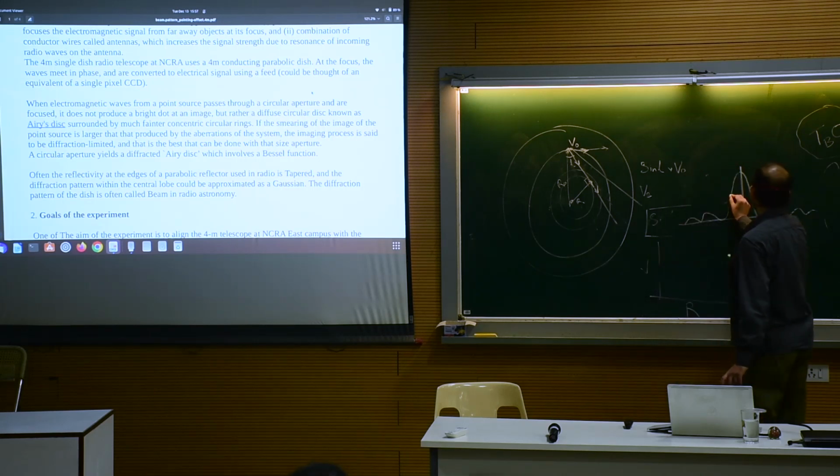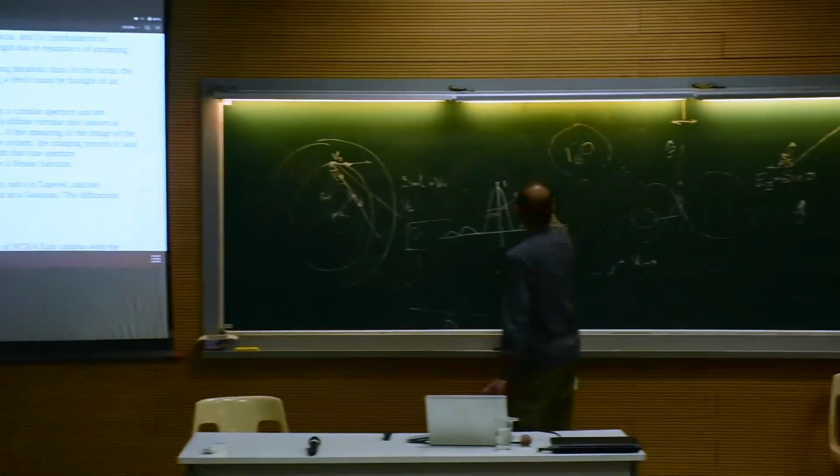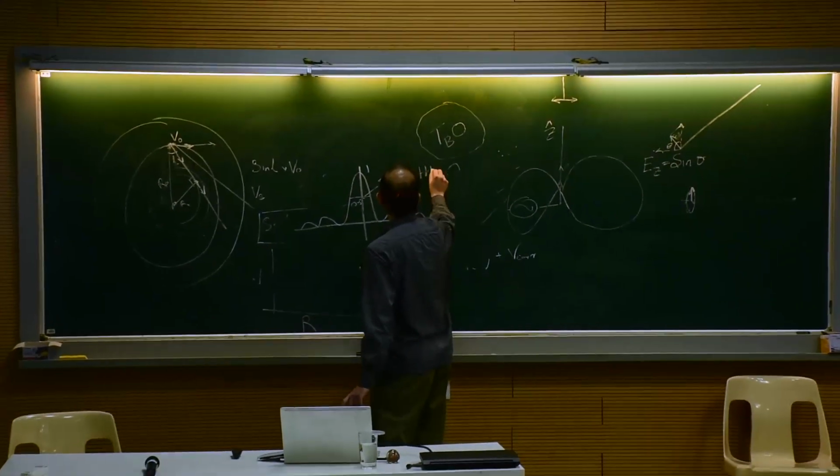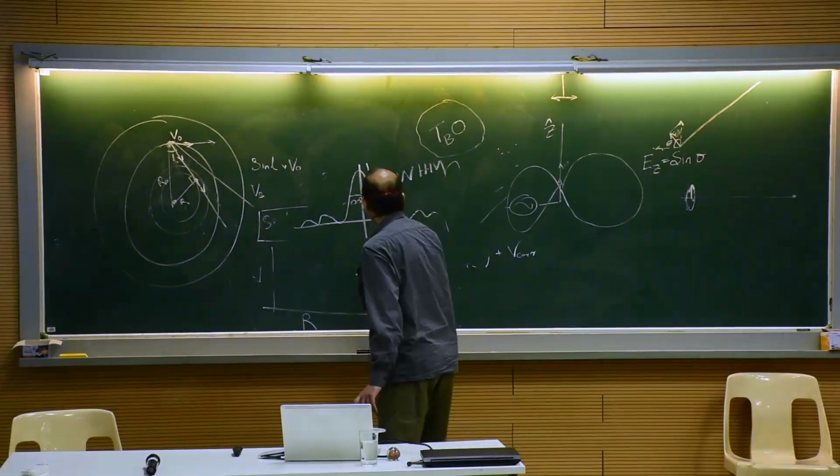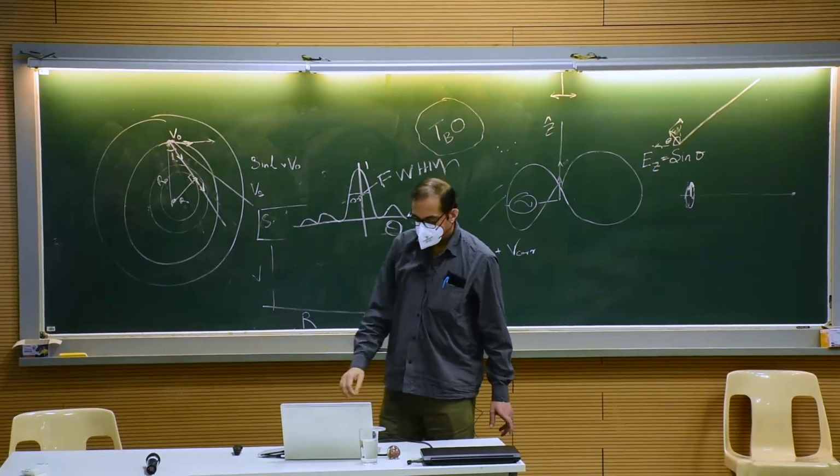So this is called the main lobe, and maybe at half the point. So suppose this is 1, this is 0.5, this thing is called the full width half maximum. Okay, so that is called the full width half maximum.